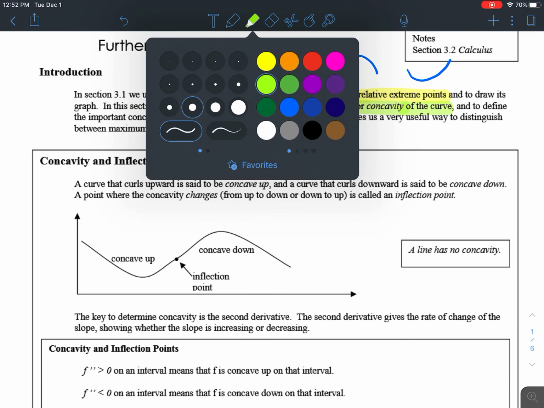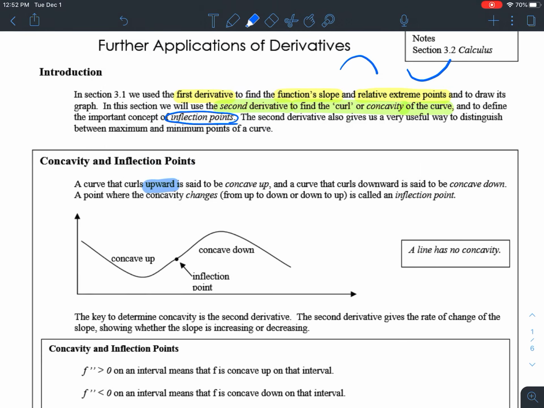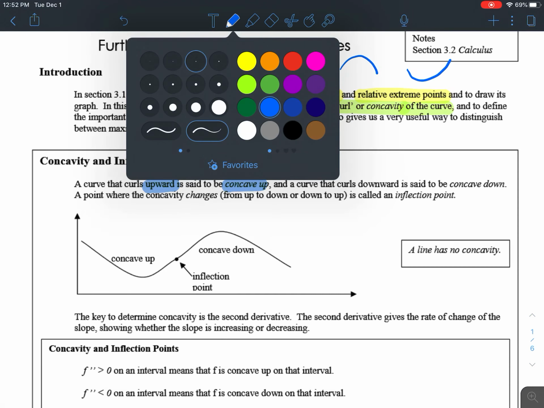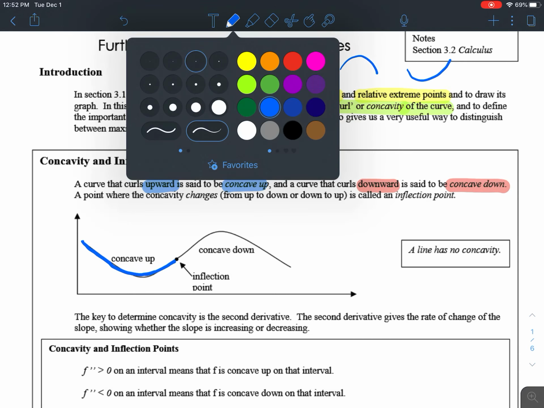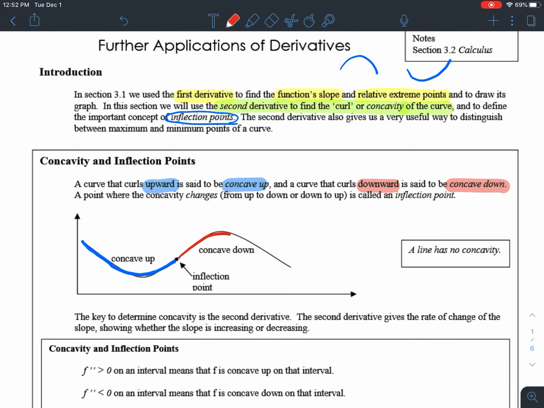A curve that curls upward is said to be concave up. So I'm just going to shade over top of the section of this graph that would be concave up. And then a curve that curls downward is said to be concave down.